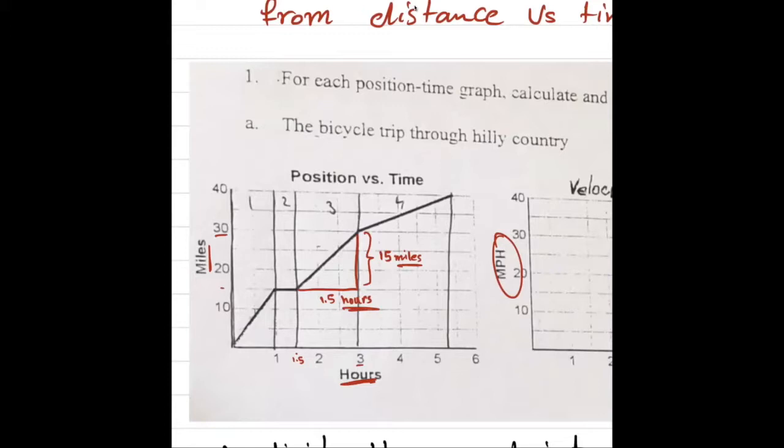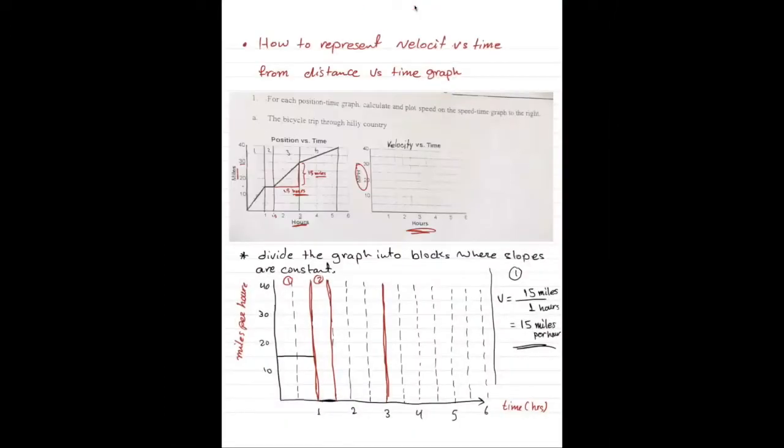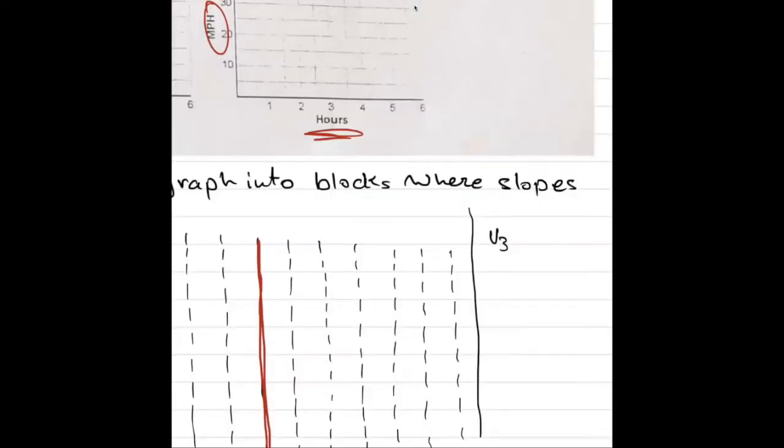So we got the rise, we got the run. Let's go calculate it. I'm gonna get rid of the old calculations, and I'm gonna call my velocity for block 3, V3. And that will be equal to distance over time. And as we said, that's the same as the rise over the run.